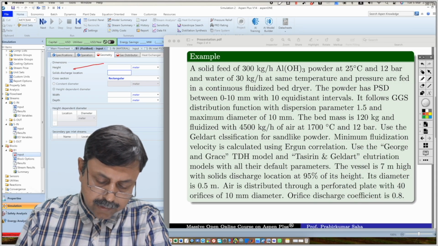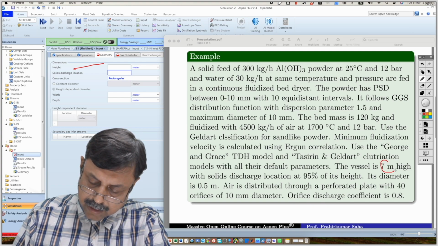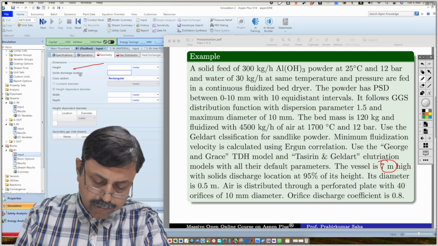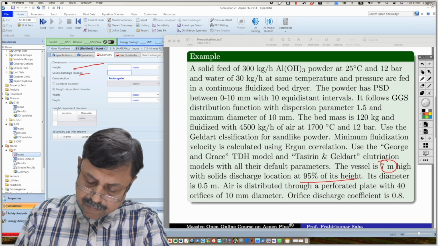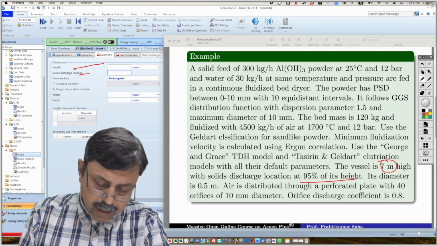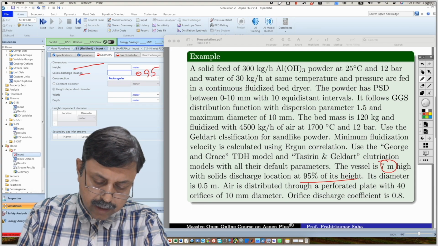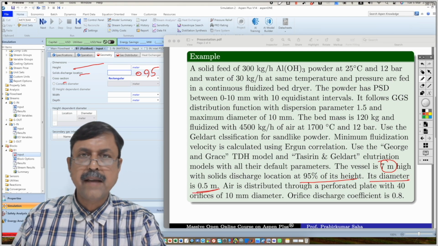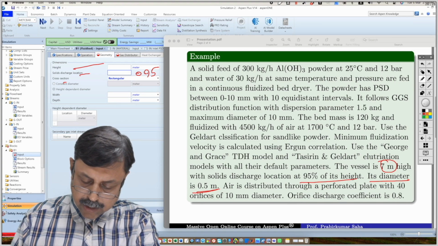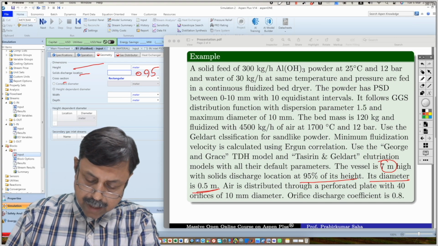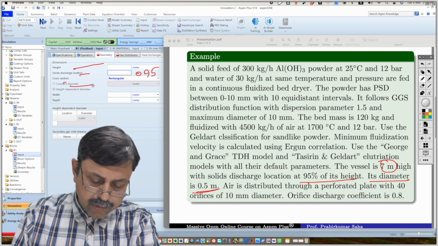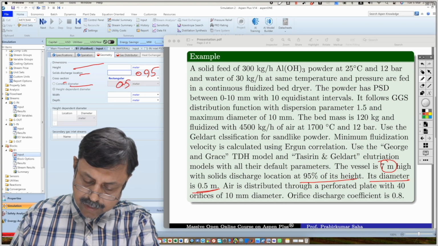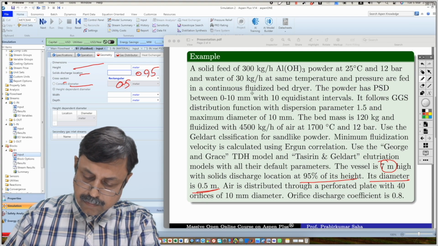The height is given as 7 meters, and the solid discharge location is 95% of its height, so it should be 0.95 over here. The cross section is circular, otherwise you won't have a diameter, right? Diameter means it is a circular cross section. So the diameter is 0.5, so you have to give a constant diameter which is 0.5. Okay, so put in this information over there.